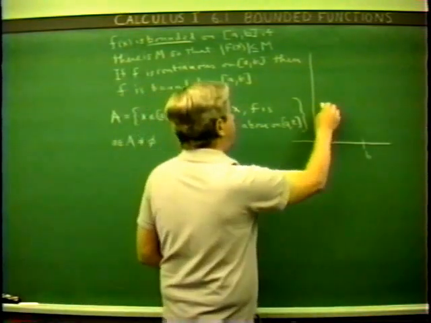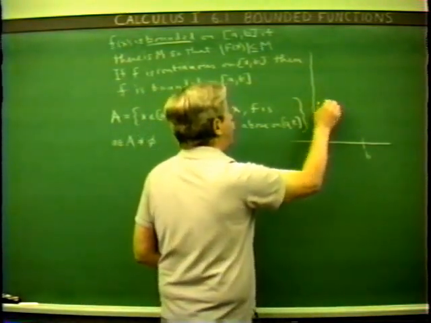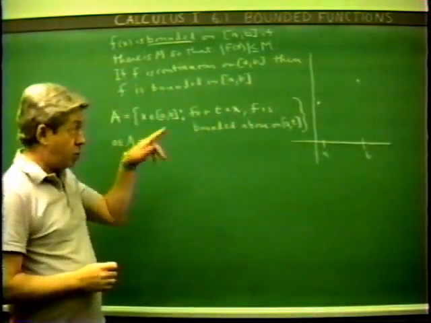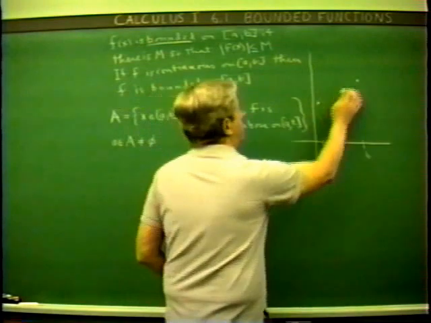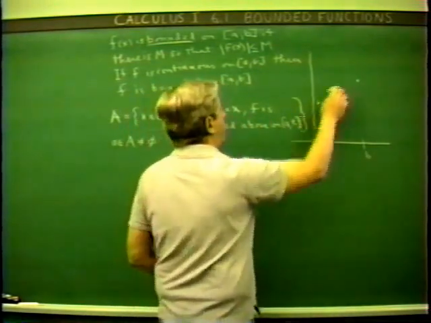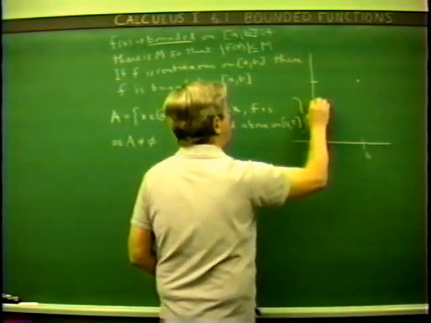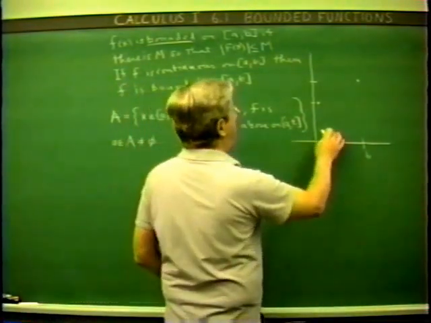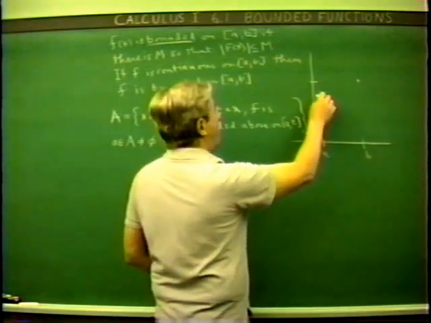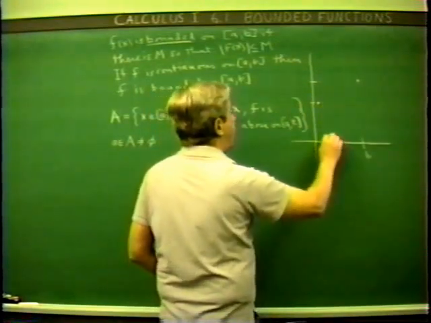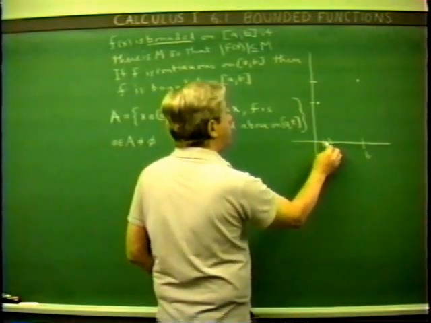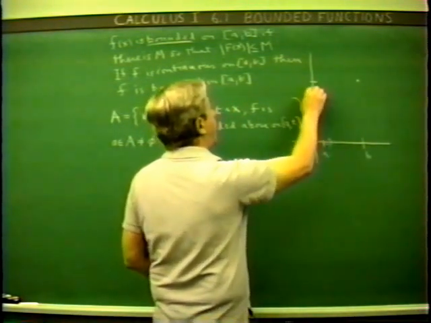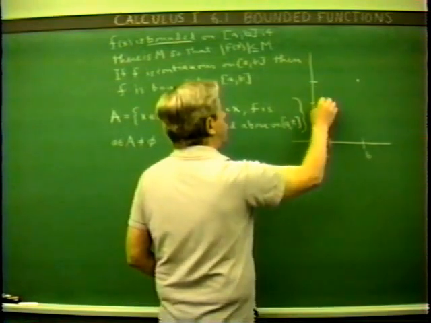The reason why a belongs to A is, first of all, there's a value f of a and a value f of b. I don't want to prejudice the picture here by drawing anything in between these, but let's imagine that here's where f of a and f of b lie. And then, given any epsilon greater than 0, in fact, given epsilon equal to 1, there is a delta, so that all the values of f between a and a plus delta are between f of a and f of a plus 1.